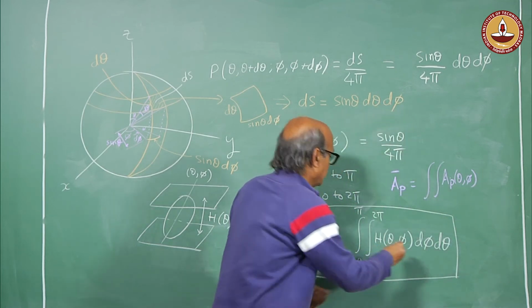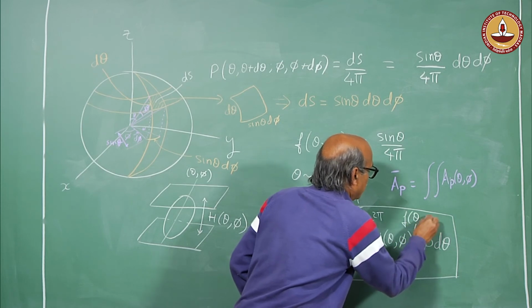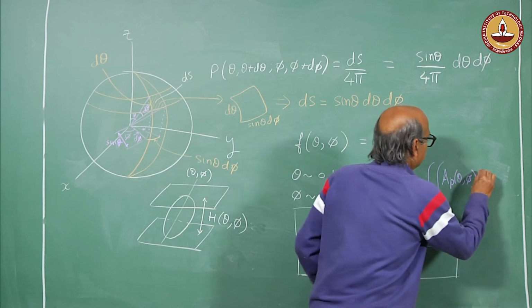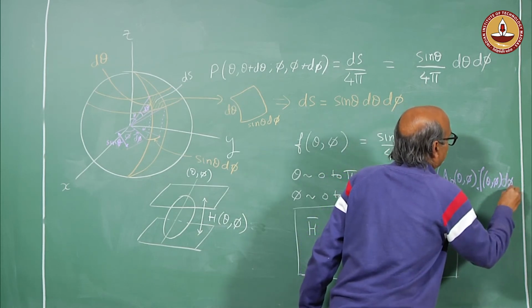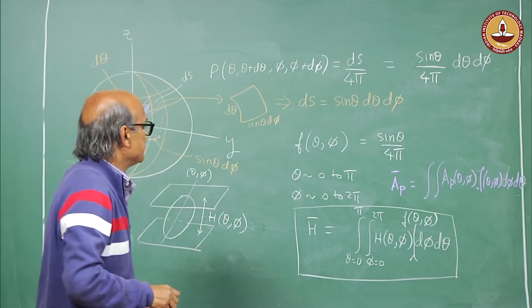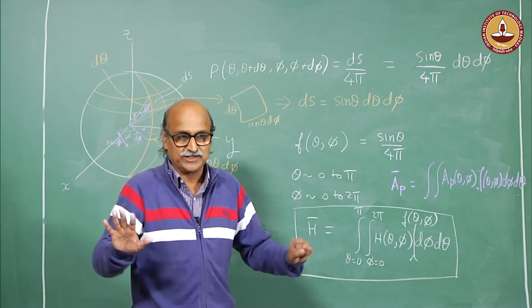There is a missing thing, I have to introduce the density function also to get the average, f theta phi. So, here also it would be f theta phi d phi d theta. Okay. So, this is the way we can get averages.